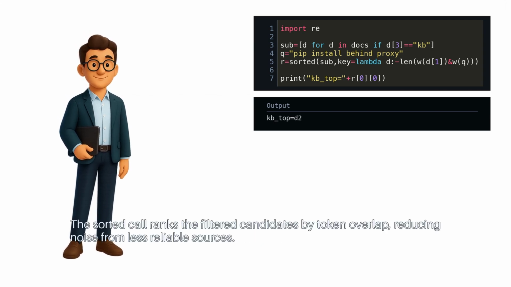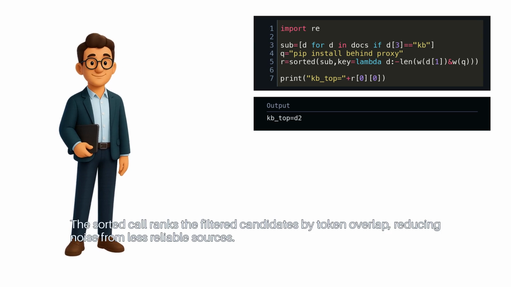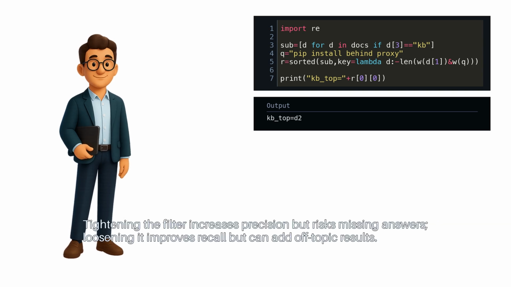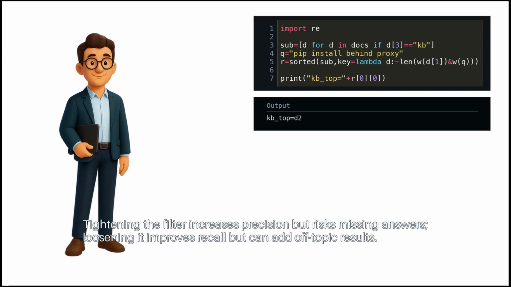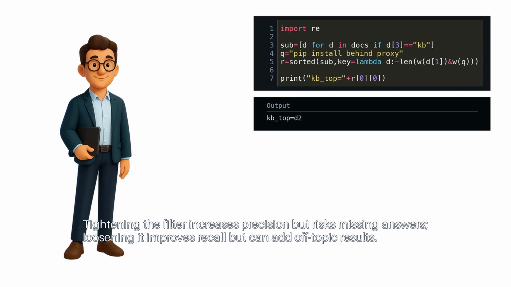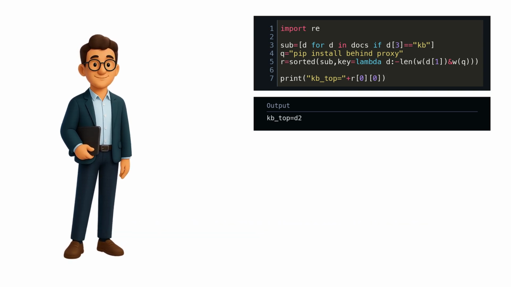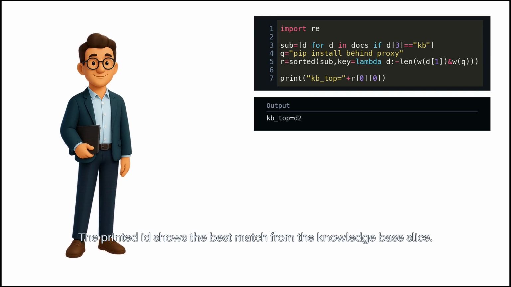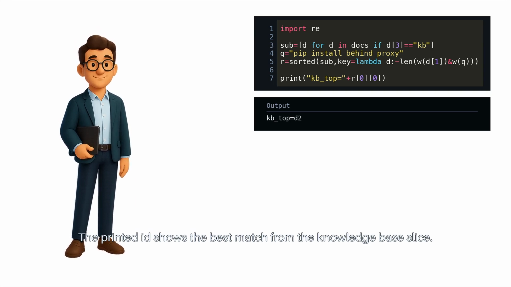The sorted call ranks the filtered candidates by token overlap, reducing noise from less reliable sources. Tightening the filter increases precision, but risks missing answers. Loosening it improves recall, but can add off-topic results. The printed ID shows the best match from the knowledge base slice.